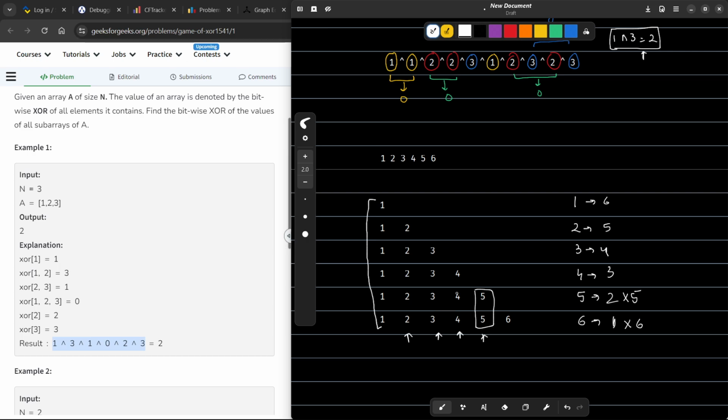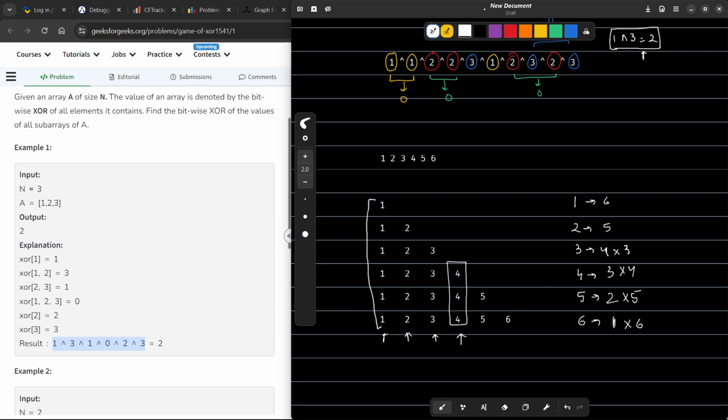Now it is very easy to understand. Let's say for this particular 4, we know that there were 3 4s present in the subarray starting from 1. But the same 3 4s will also be present when the subarray starts from 2, or the subarray starts from 3, or the subarray starts from 4, right? So there will be a total of 1, 2, 3, 4. There will be a total of 4 times when these 4s will be present, right?